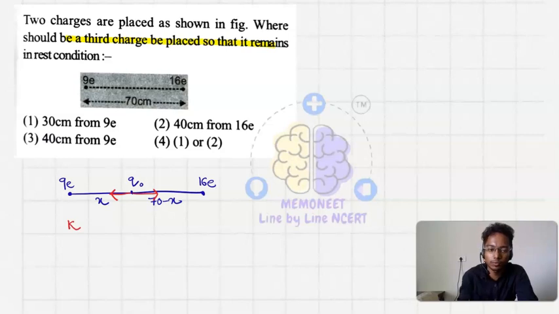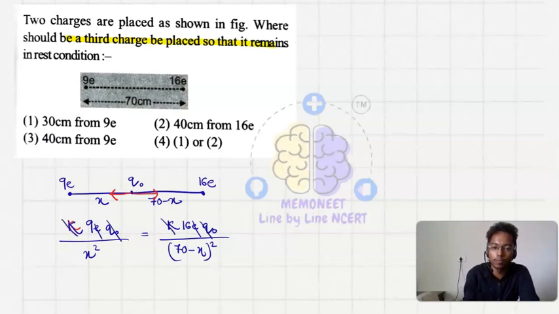So K into 9 electron into Q naught upon x square is equals to K into 16 electron into Q naught upon (70 minus x) square. From here, electron to electron cancelled out, Q naught to Q naught cancelled out, K to K cancelled out.